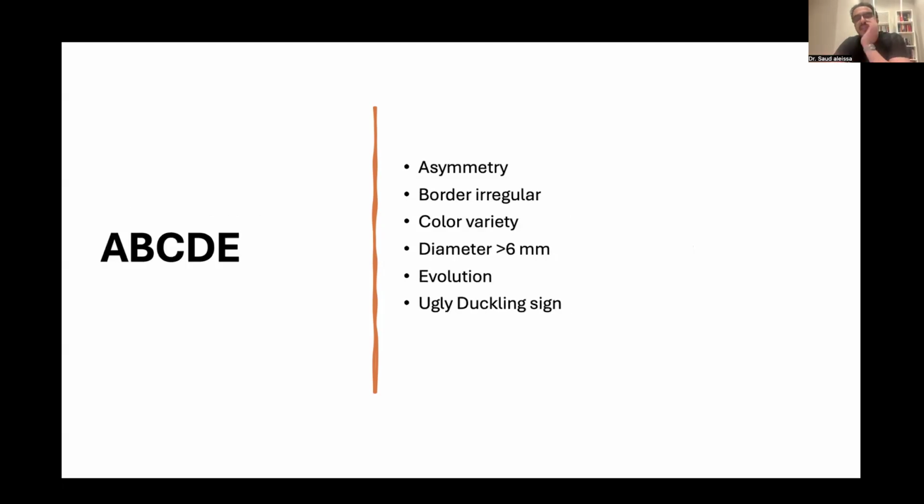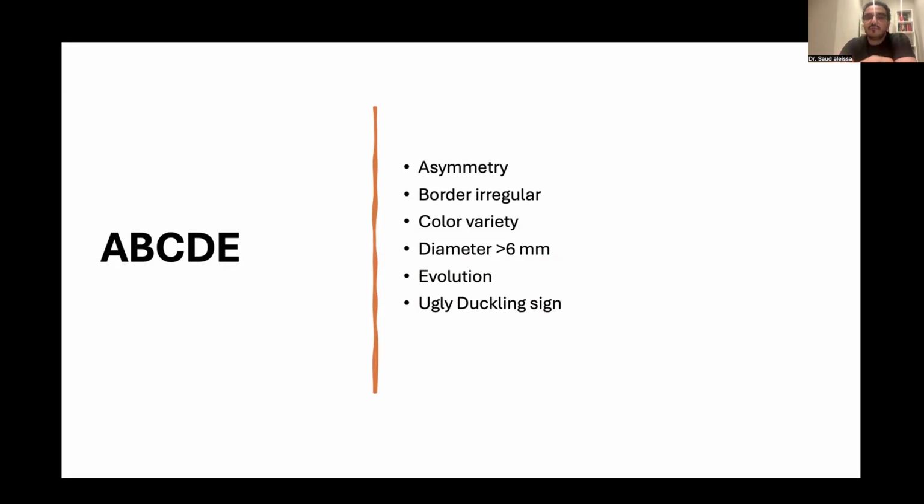When you examine the patient, we all know the ABCDs of melanoma. So A is for asymmetry. So if you fold it on itself, it doesn't fold perfectly. Irregular borders. We like nice and smooth borders, not ragged or sharp borders. Color variety or color consistency is important.